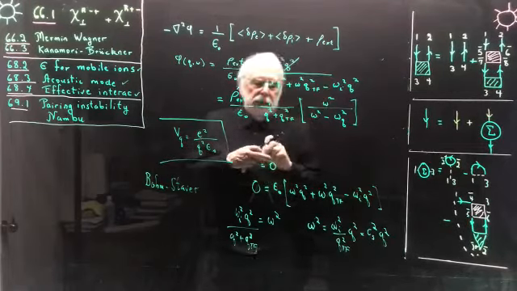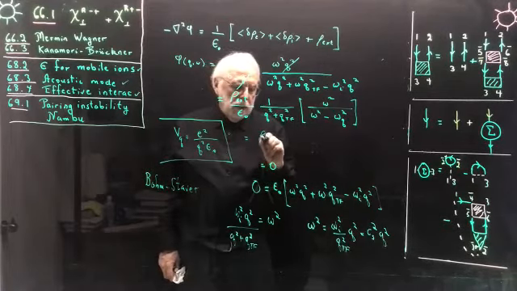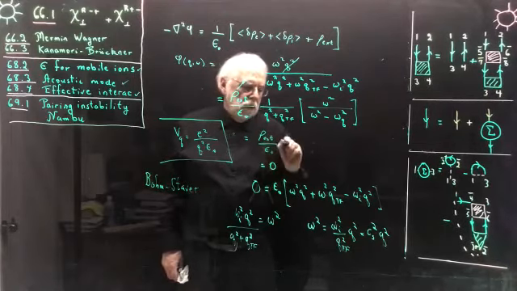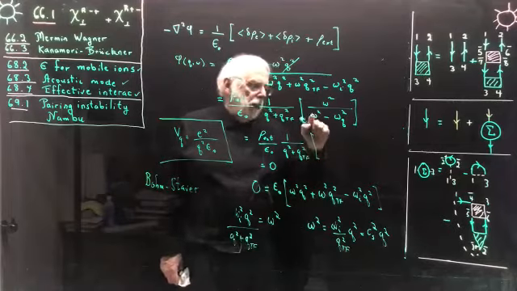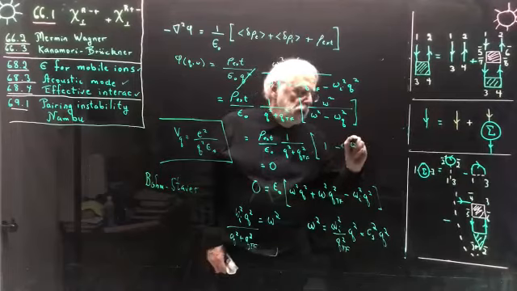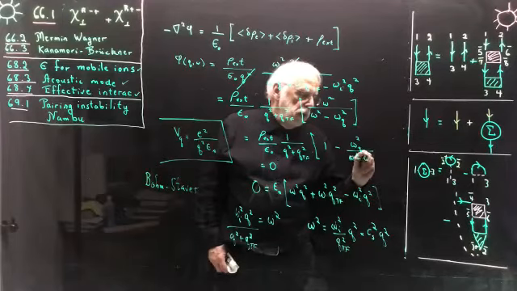So we have this nice result. This is rho external divided by epsilon 0, 1 over q squared plus q Thomas Fermi squared. And this I will rewrite as 1 minus omega squared q divided by omega squared minus omega q squared.